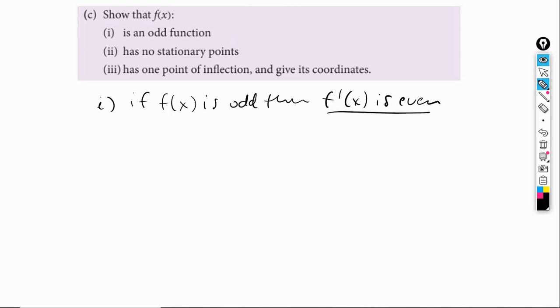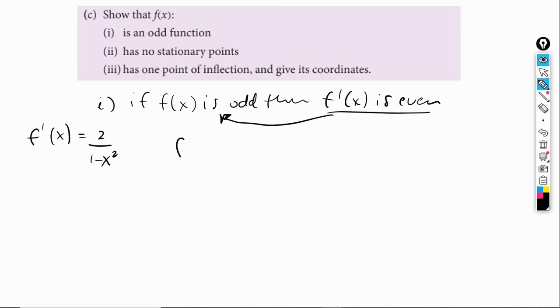So if we can prove this, it will automatically imply that. Okay, so let's recall what the derivative was. The derivative we found was equal to 2 over 1 minus x squared. So what we have to prove is that this is even.